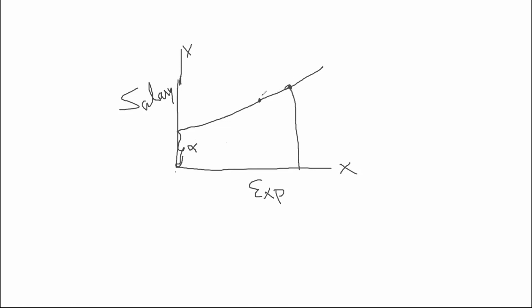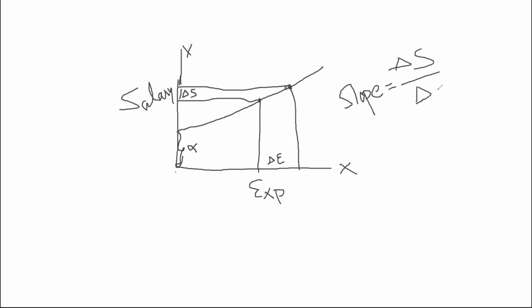I draw the vertical and horizontal lines from those points. So this difference is del salary, and this is del experience. So the gradient, or slope, is equal to del salary over del experience. This is called slope, or it is also known as gradient.